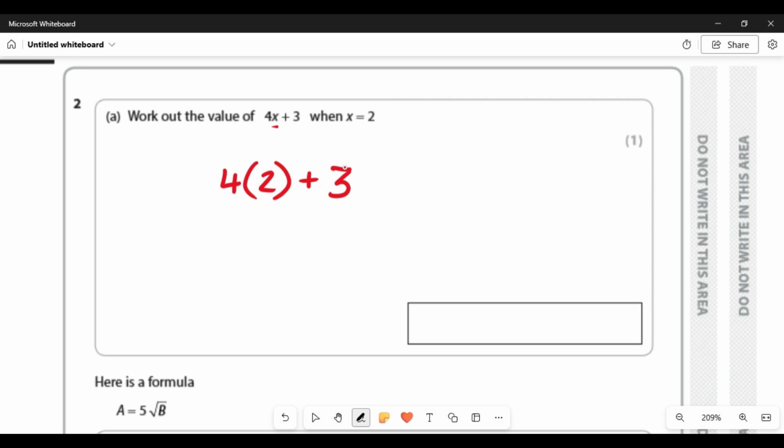Hopefully when it's side by side like this, there is an invisible multiply sign there. So that's 4 times 2, which is 8. Still got the plus 3. Now there's only one thing left to do, 8 plus 3, which is 11. So that should be your answer. If you get any other answer apart from 11, obviously that would be wrong.